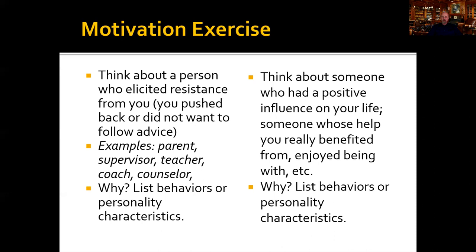Typically what you see is a grouping of very similar types of characteristics. People who elicit resistance tend to be assertive or aggressive know-it-alls who are opinionated and unfeeling and uncaring and demanding, and tell you what to do without listening to you, criticize you for the decisions that you've made, etc.